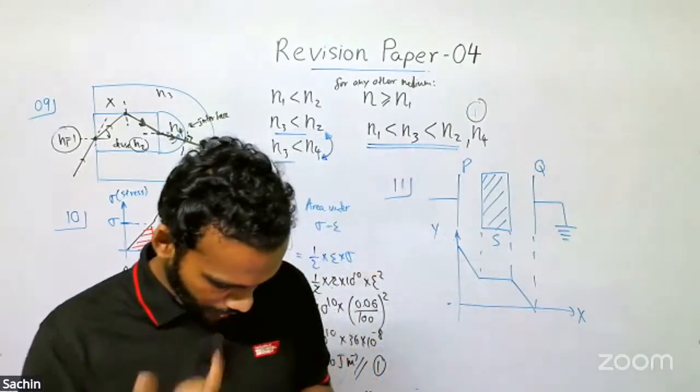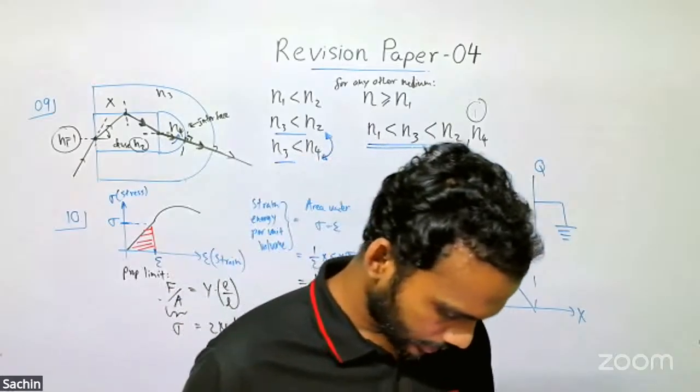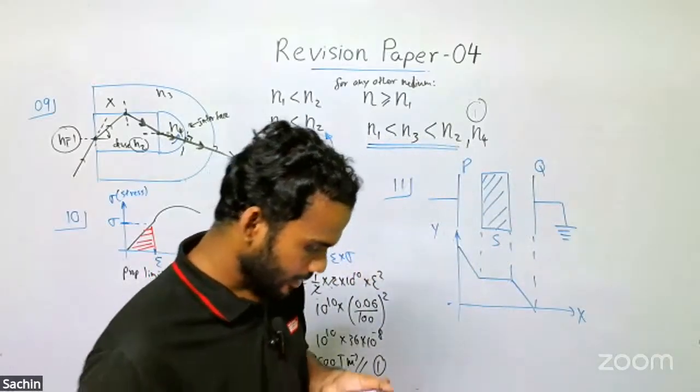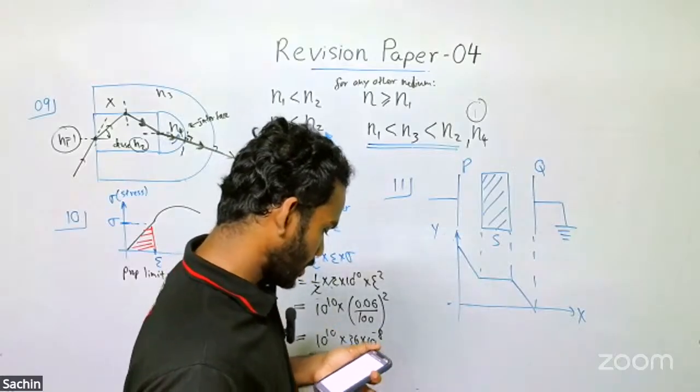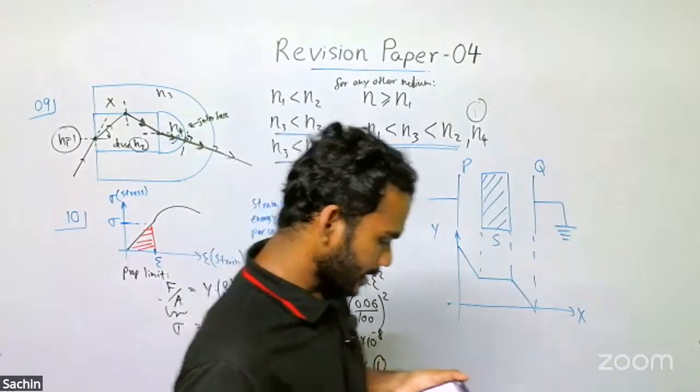The value of quantity Y is found to vary with distance X measured from the plate P as shown. Which of the following statements is true?